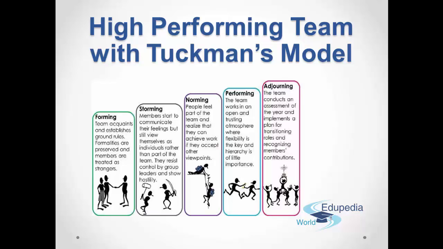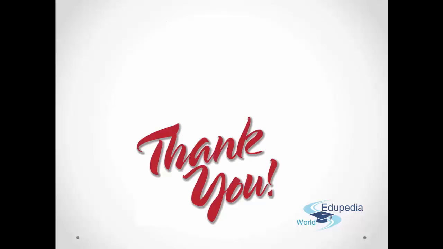Now consider what you need to do to move towards the performing stage. Understand your role and think about how you can move the team forward. Schedule regular reviews of where your team is and adjust your behavior and leadership approach appropriately.